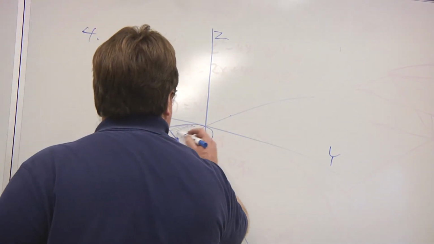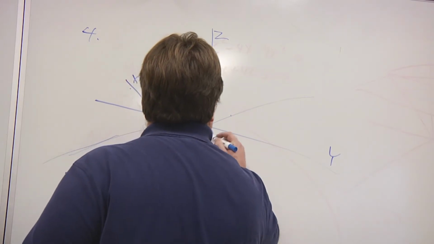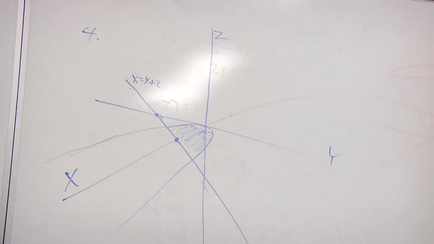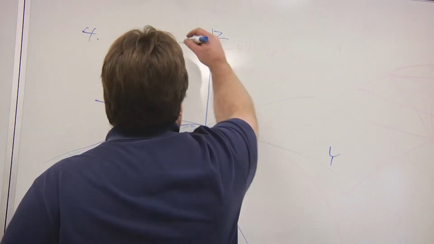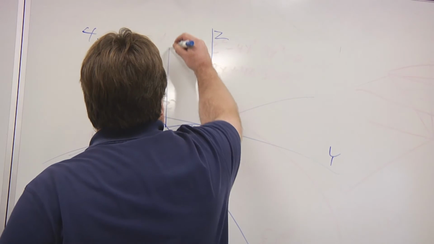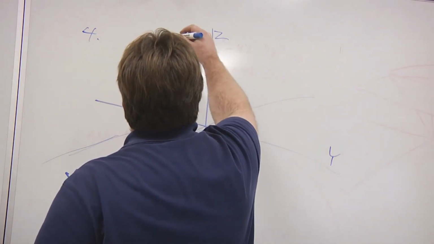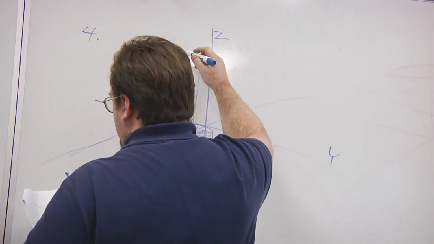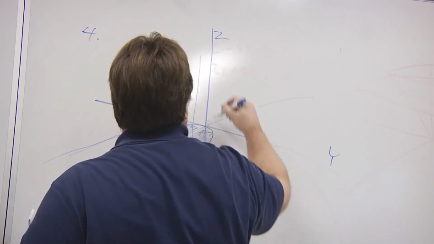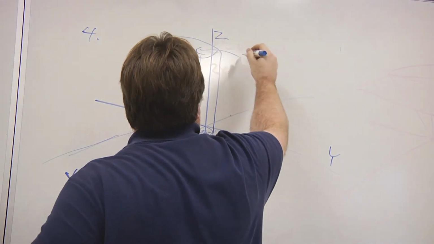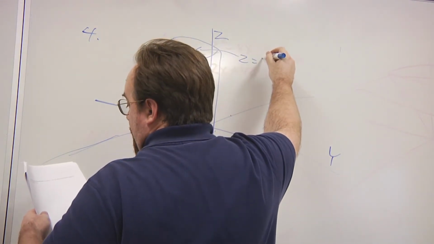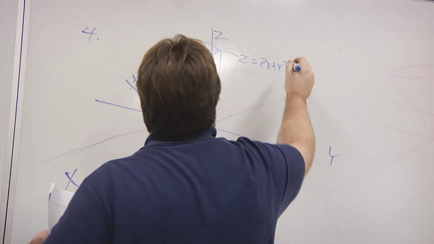So it's this region that serves as the base of a solid, and if it is a surface up above, which I'm only going to graph approximately. So this marks the top of your solid, z is equal to 2x plus y squared.